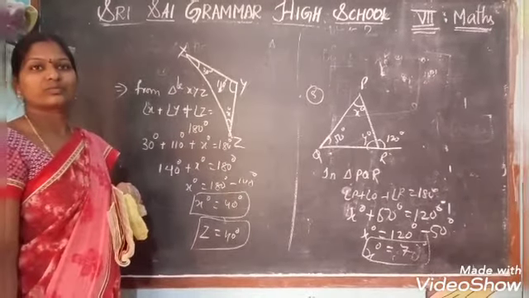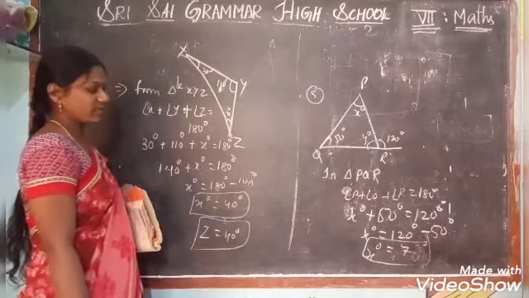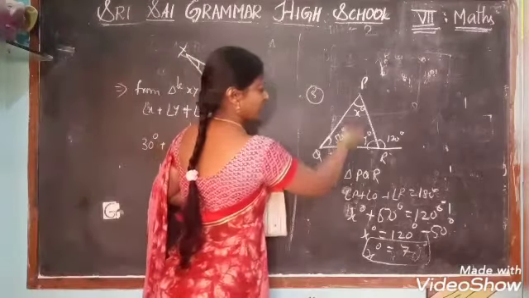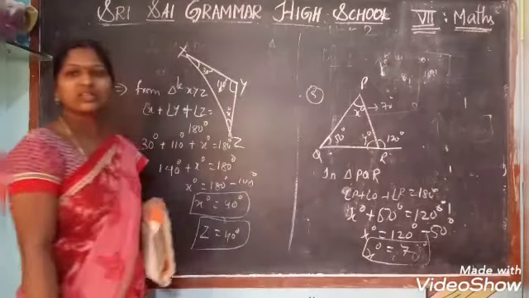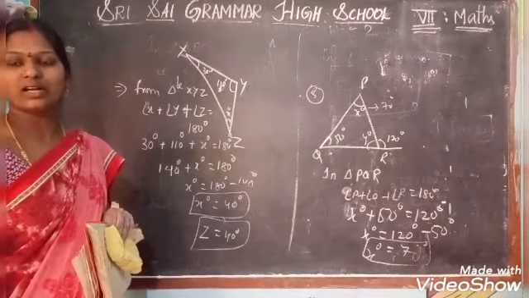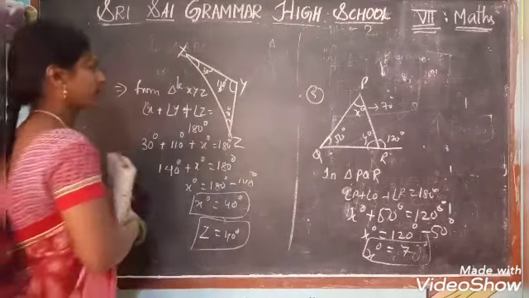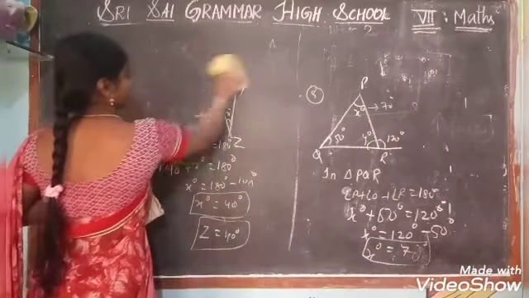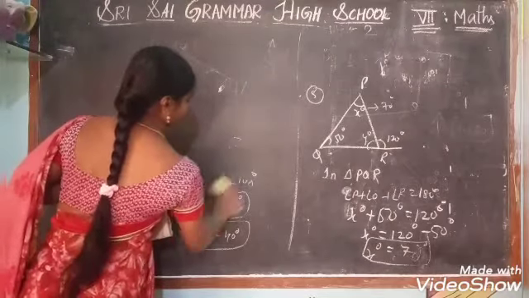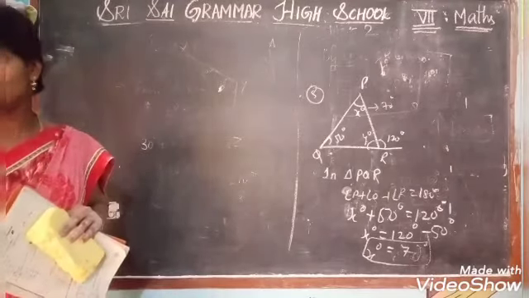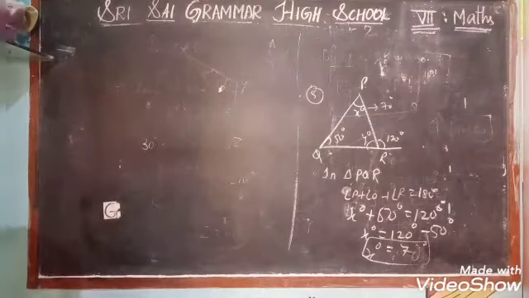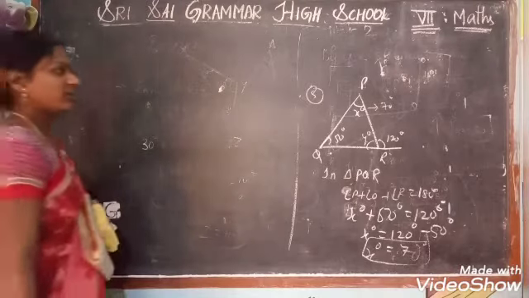Now, x degrees equals 70 degrees. From this, we have identified the x value is 70 degrees. From this we have to identify the value of y.